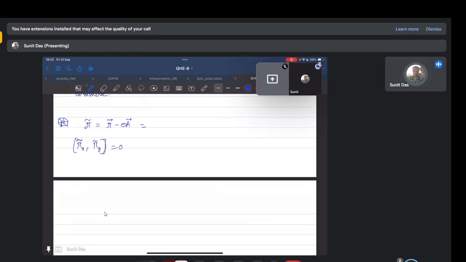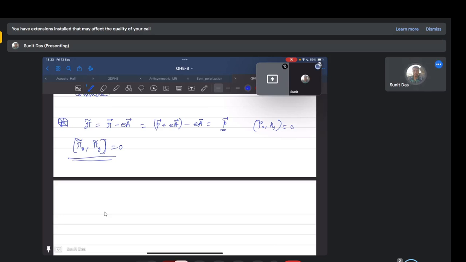We can simply see this from pi being p plus eA and minus eA. So effectively it becomes p, the momentum in the absence of magnetic field. Then px and py commute, as we already know from quantum mechanics. So effectively pi x tilde and pi y tilde will commute with each other.